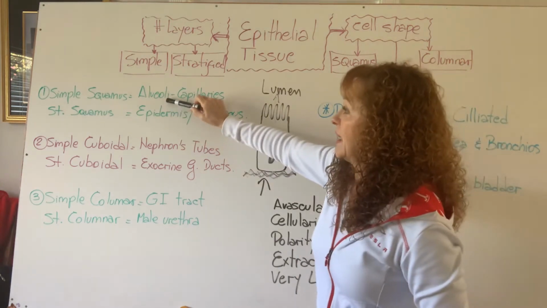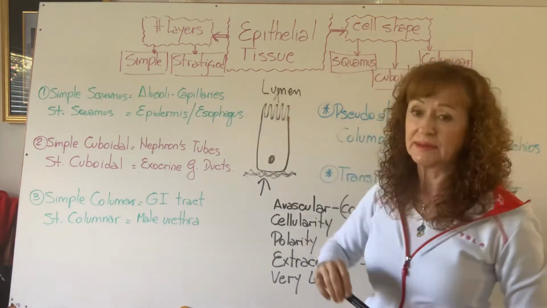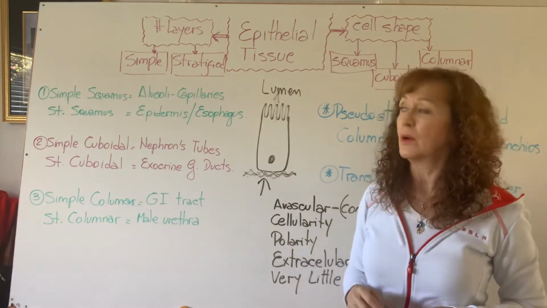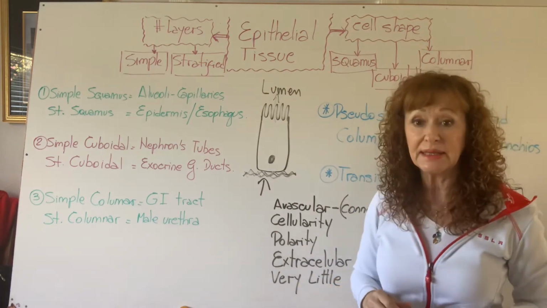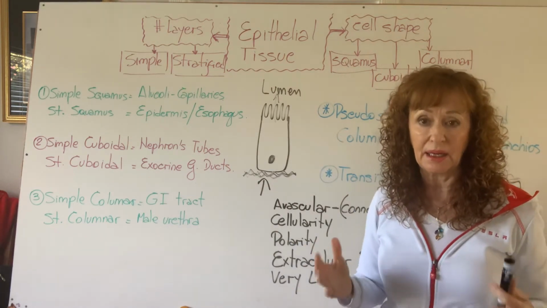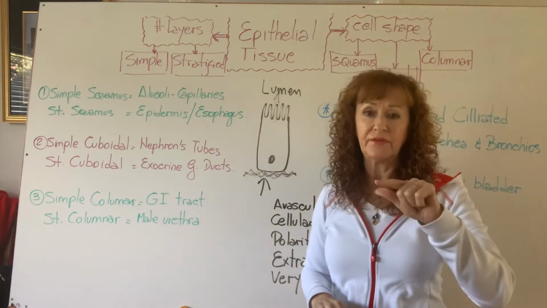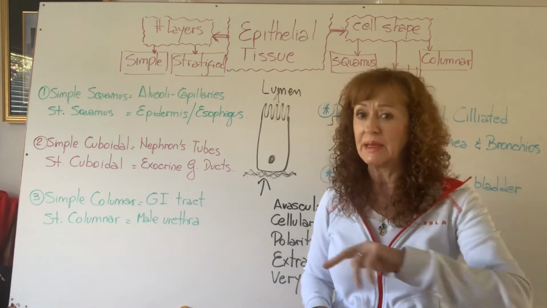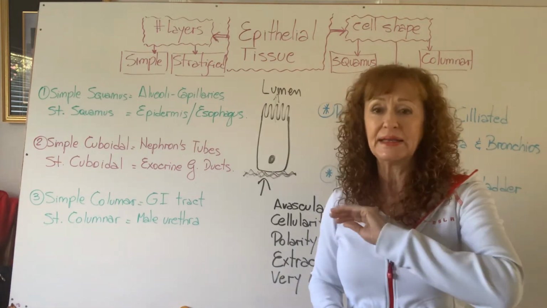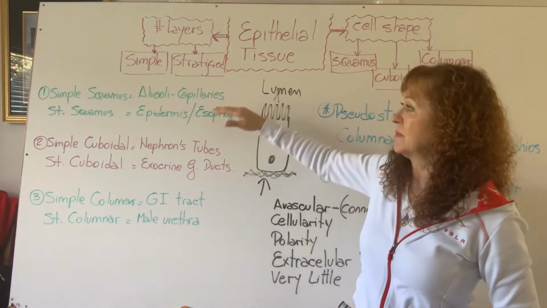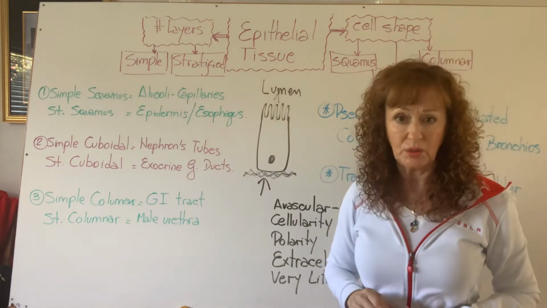Now, alveoli is one, but the other very clear sample of a simple squamous is in any single capillary in our body. Any kind of capillary, the continuous, the fenestrated, discontinuous capillaries, glomerulus capillaries, any kind of capillaries are made by simple squamous.